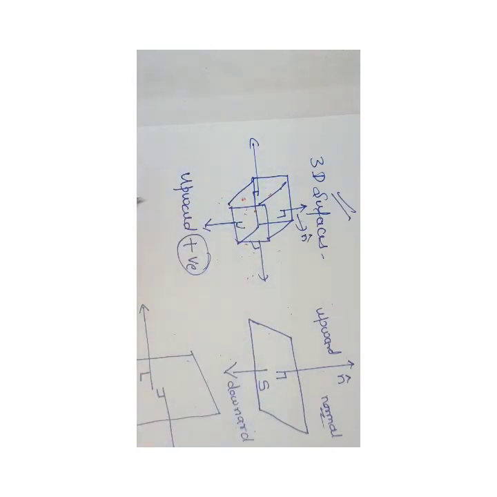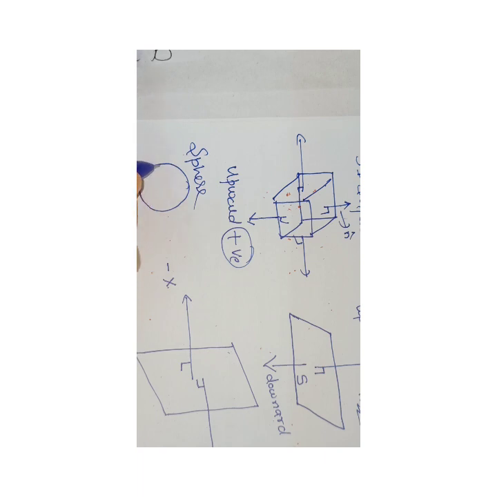Even for a sphere. So this is a sphere. So how to show directions for a sphere? Just imagine this is a ball. So it always starts with what? Radius. This is the radius of the sphere, r, correct? So if you consider this small surface, then this will be the direction of this area.